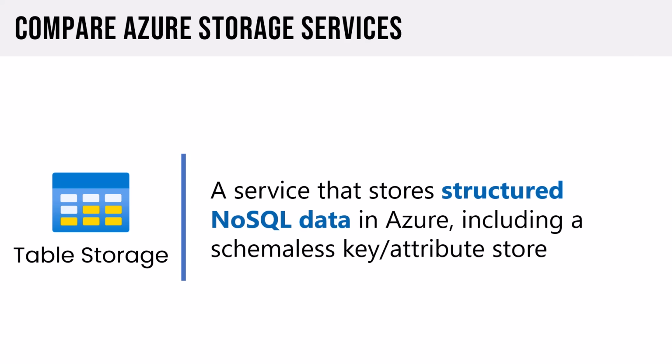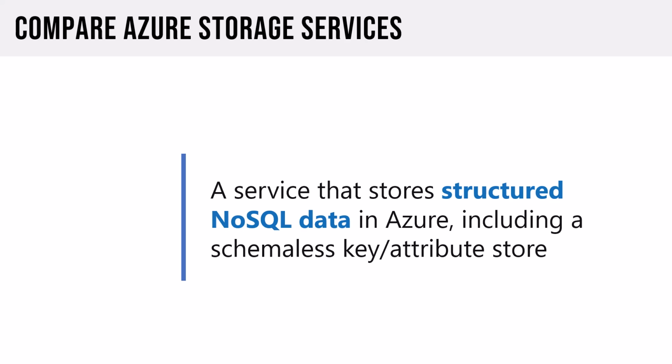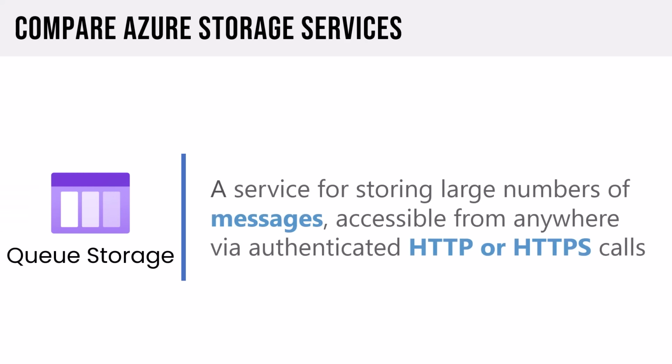What you want to focus on here is structured NoSQL data. And then we have queue storage, which is a service for storing large numbers of messages accessible from anywhere via authenticated HTTP or HTTPS calls. In production, we should be using HTTPS, of course, because that's encrypted.